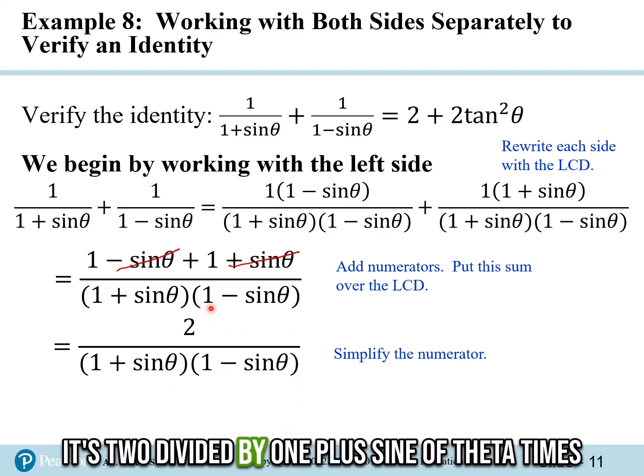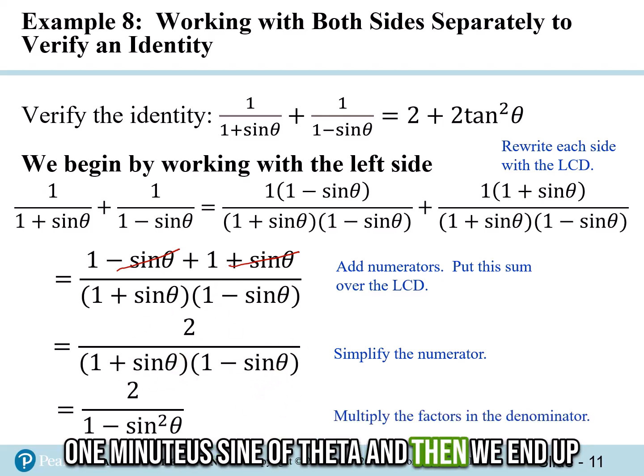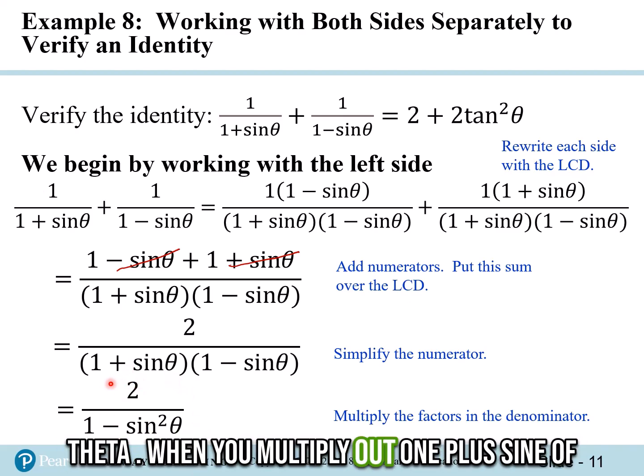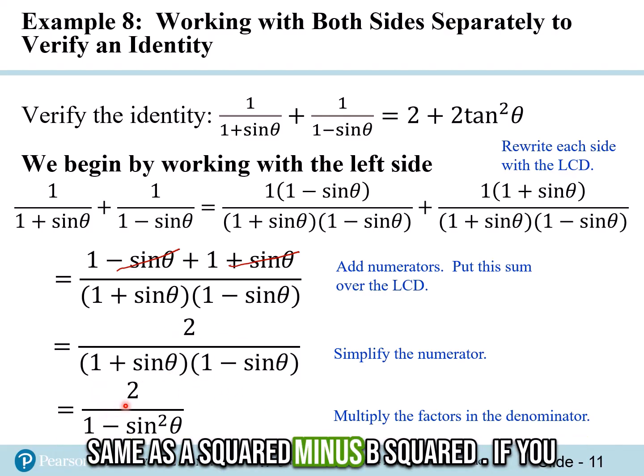It's 2 divided by 1 plus sine of theta times 1 minus sine of theta, and then we end up with 2 divided by 1 minus sine squared theta. When you multiply out 1 plus sine of theta times 1 minus sine of theta, it's the same as a squared minus b squared.